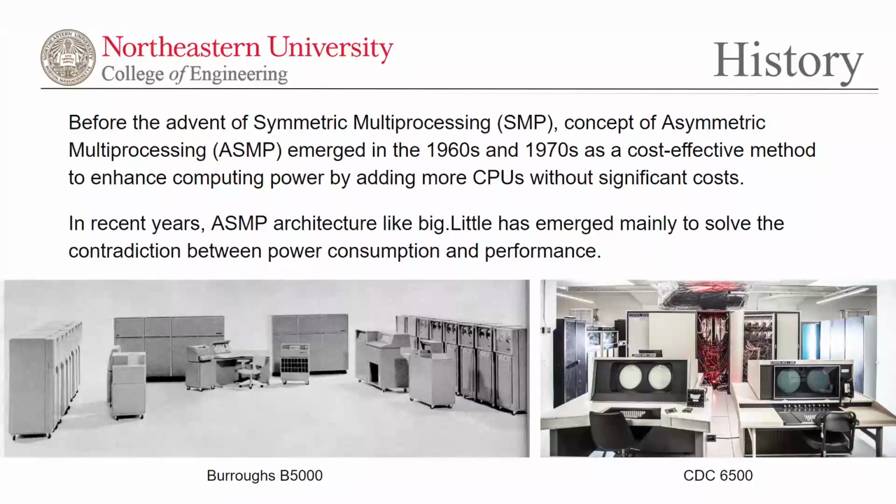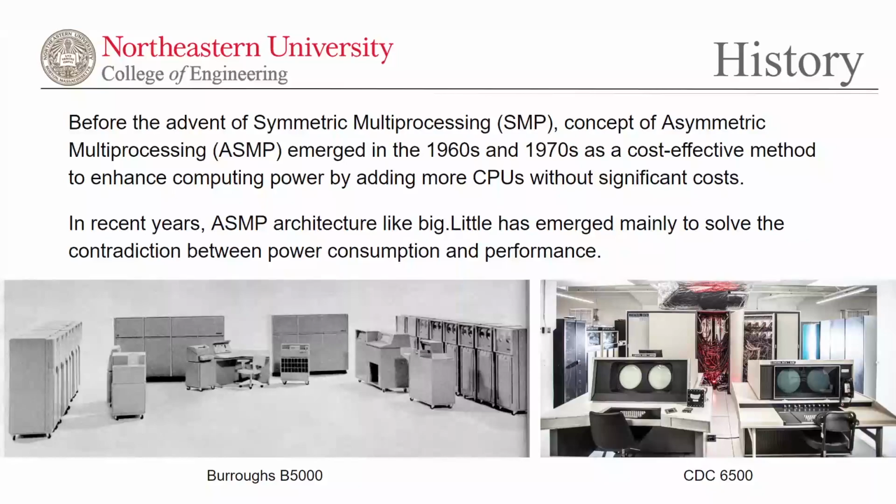The CDC6500 shown in the lower right and its successor CDC6700 established a scheduler model in which all user applications ran on the central processors, while the operating system scheduled user applications on the peripheral processors.